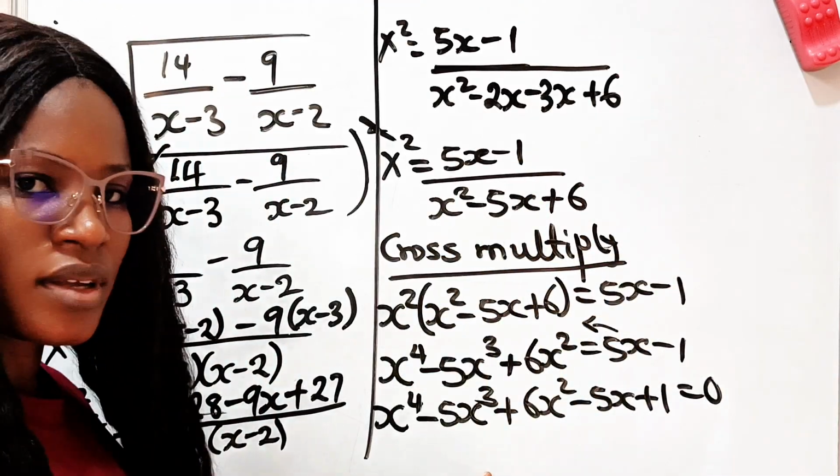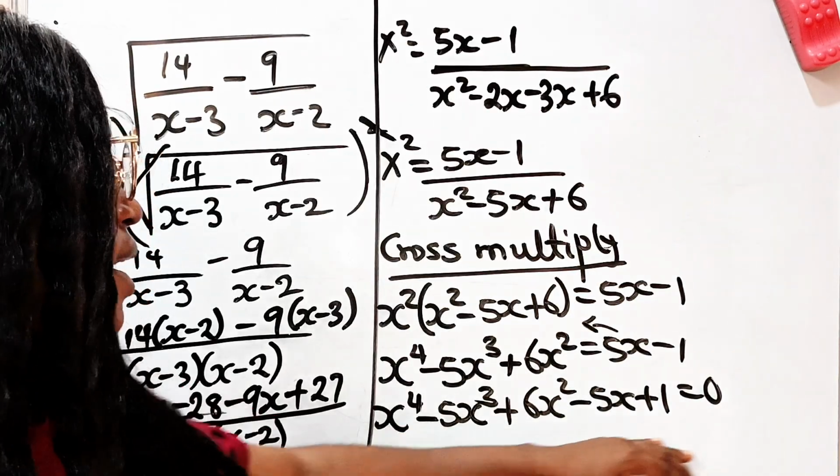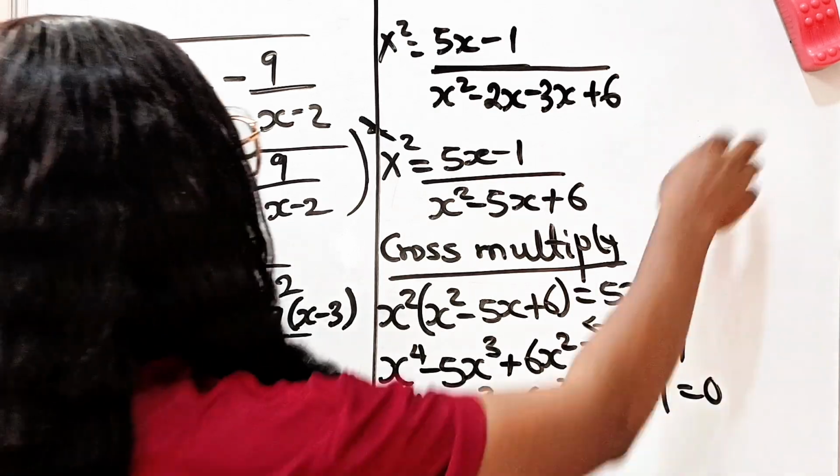Now at this point, let us divide through by x squared.